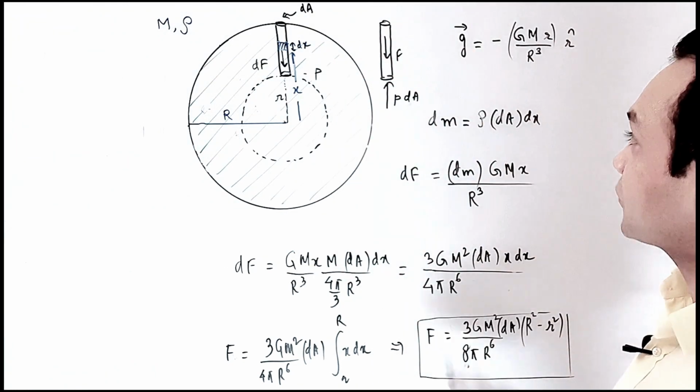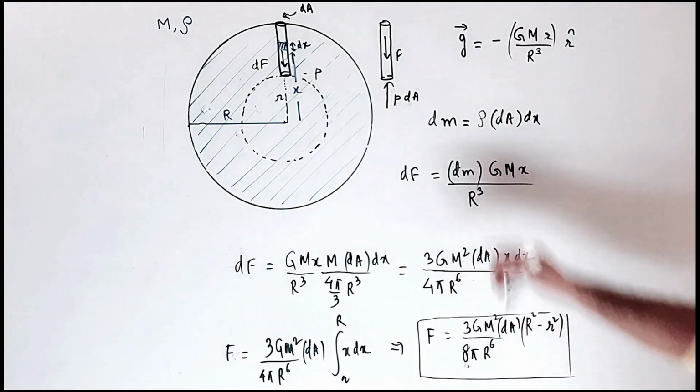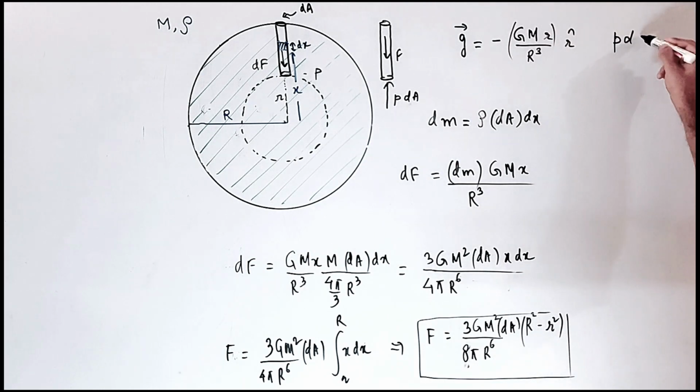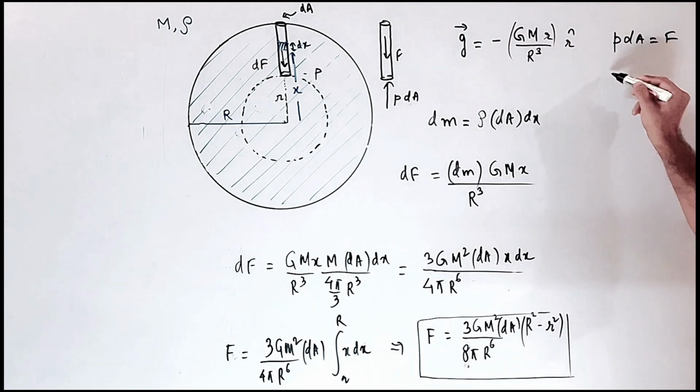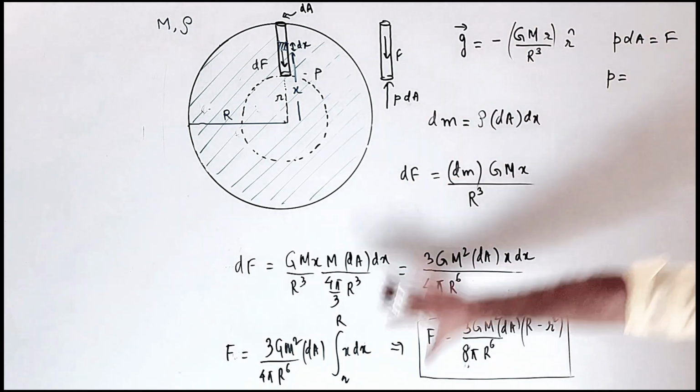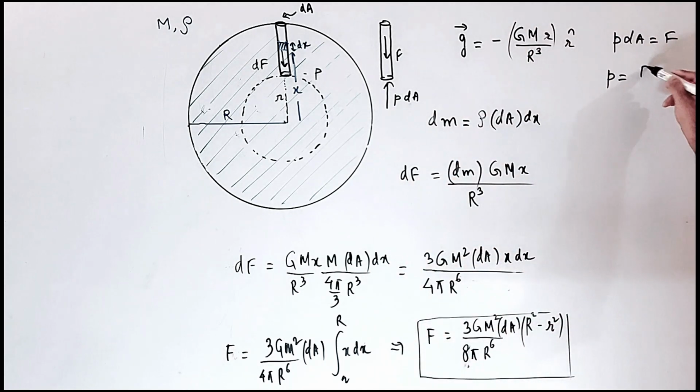So equate these two: simply P dA is equal to F. So P is equal to F by dA. If I divide by dA here, this dA and this dA will get cancelled.